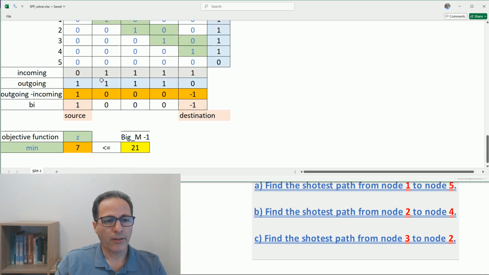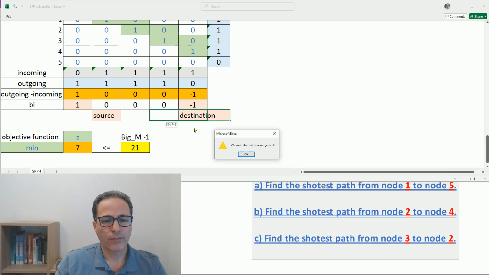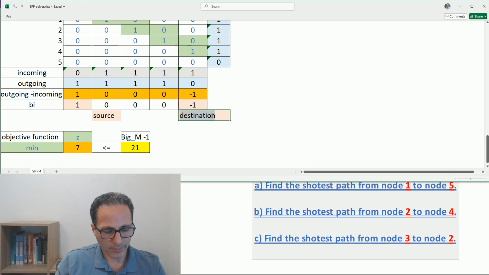And we go down here. Source this time is 2, and destination is 4. Just right here. So this is source, that's destination.